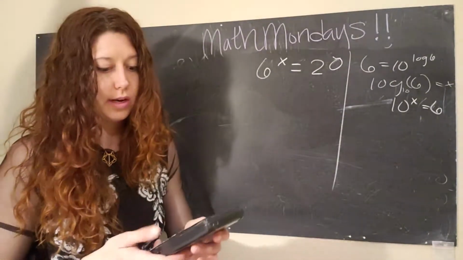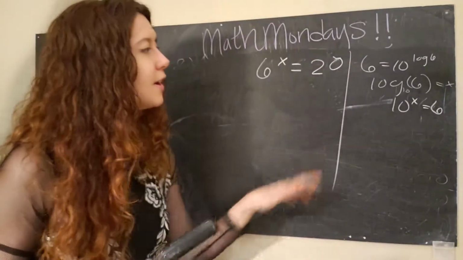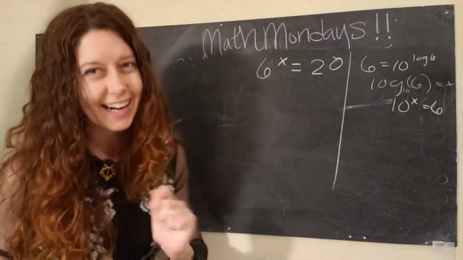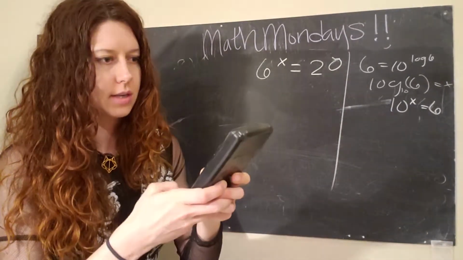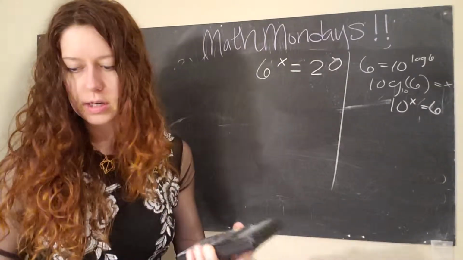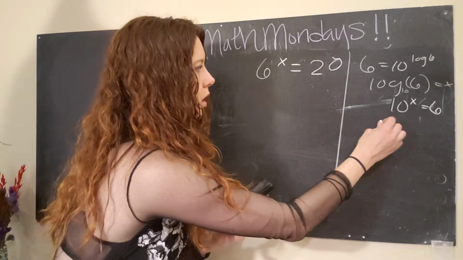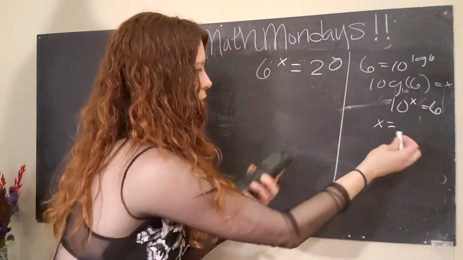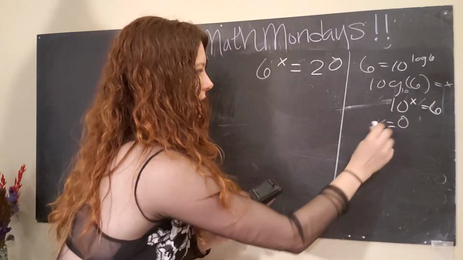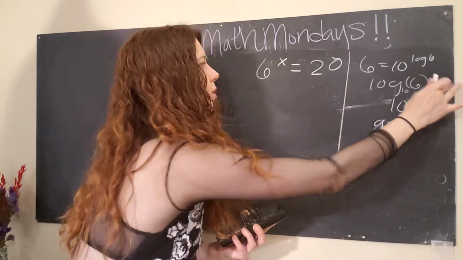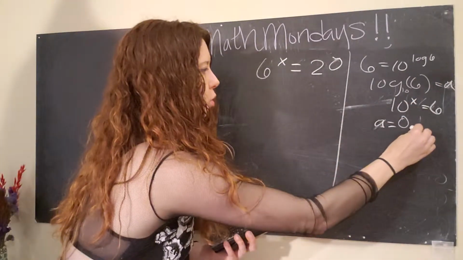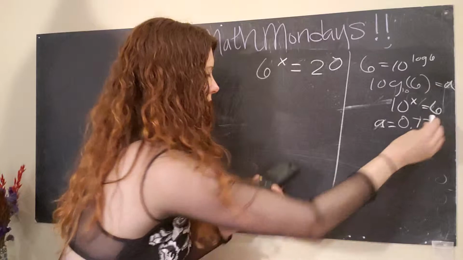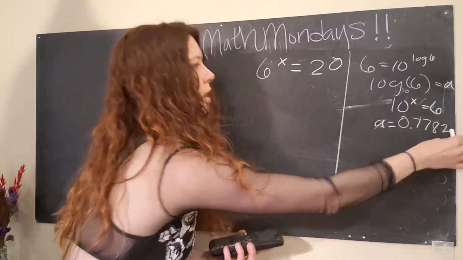If we actually solve that, you can follow along if you'd like. I'd highly encourage that. So if we ask, what is log 6? I'm going to get an answer. Actually, let's call this a so that we're not confusing it with the x over here. a equals 0.7782.